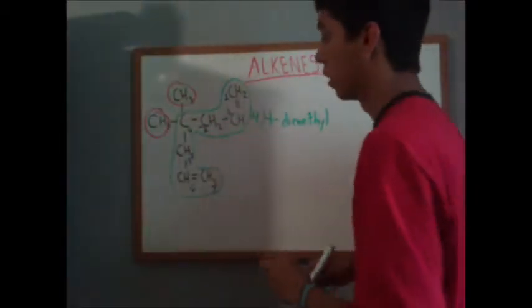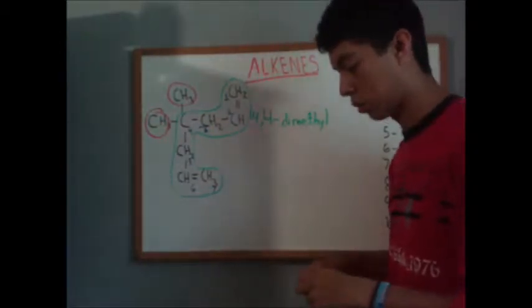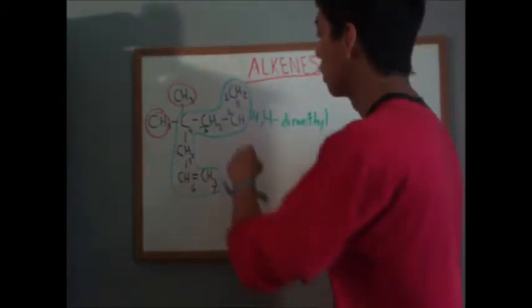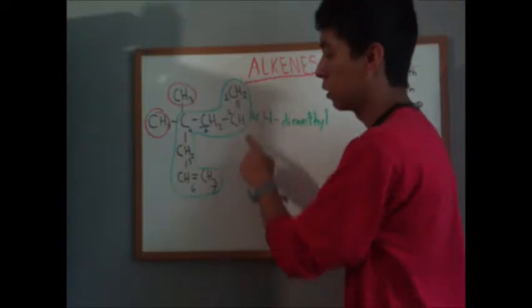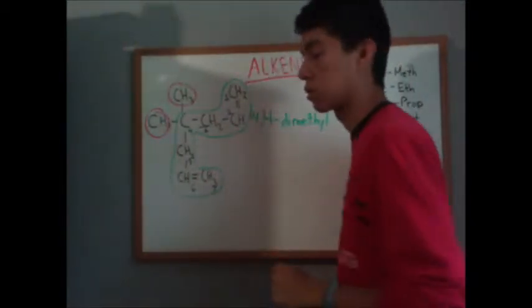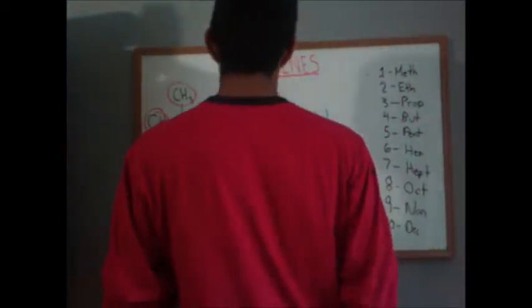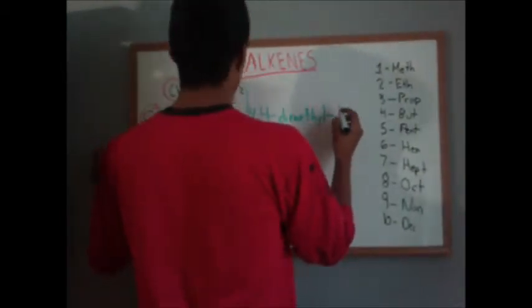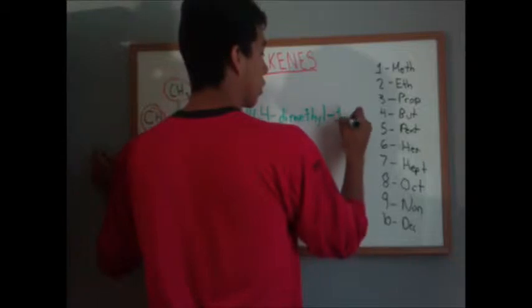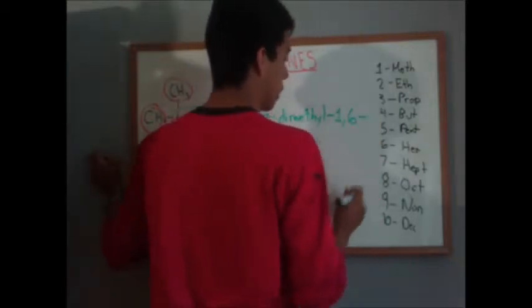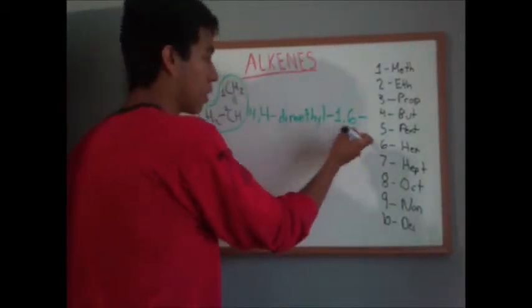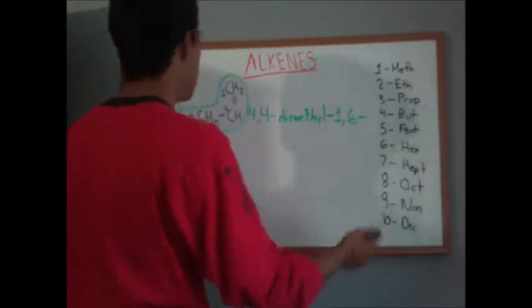And then the numbers where the double bonds are: on carbon 1 and on carbon 6. So you're going to have 4,4-dimethyl 1,6, and I'm going to put it here because I have no space.